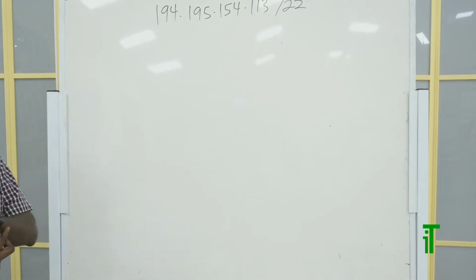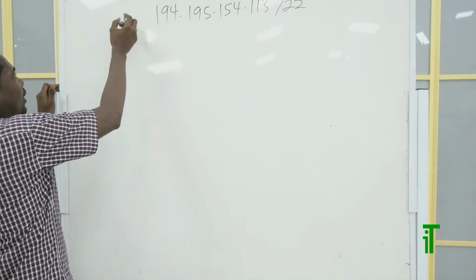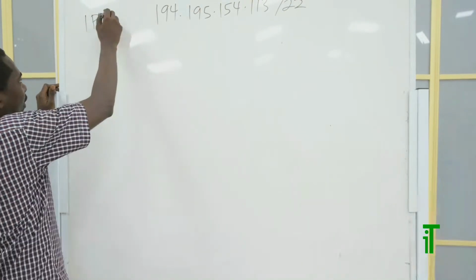So we are going to look for first the subnet mask. Okay, so this is an IP address on the network.